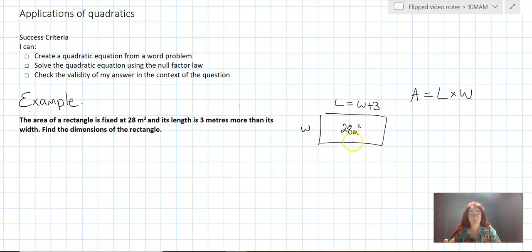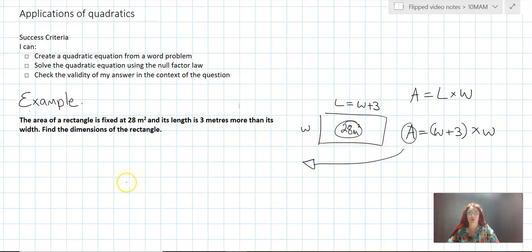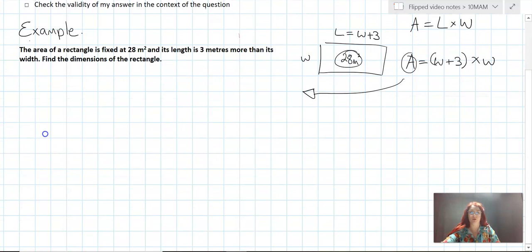With me so far? So our area is going to be the width plus 3, which is our length, times the width. And we know that this is 28. So if we come over here, we can write our quadratic equation out.